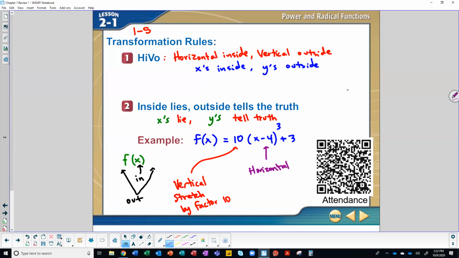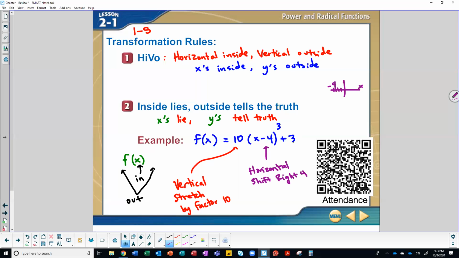So if you think about -4 on the x-axis, it's to the left 4 units. But because it lies, this doesn't go left 4 units. This is actually going to shift right 4 units. It's going to, because it lies to us. So we actually go to the right 4 units.